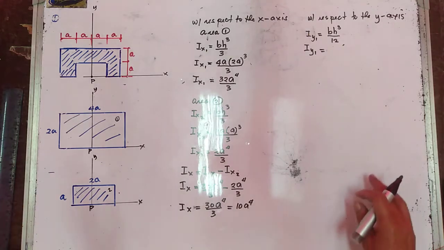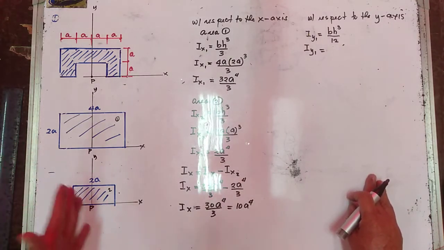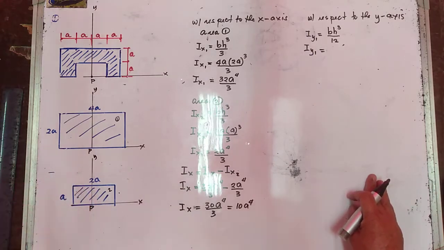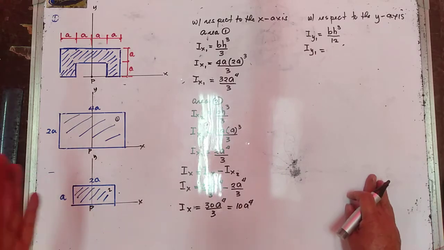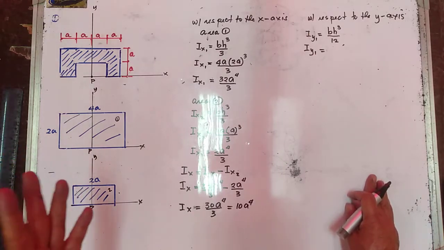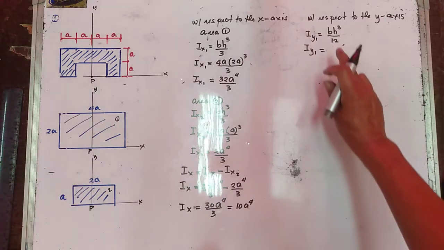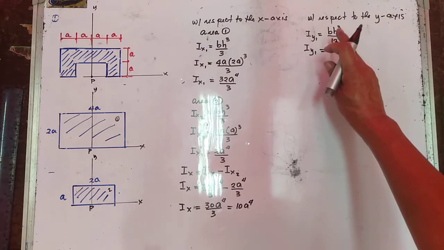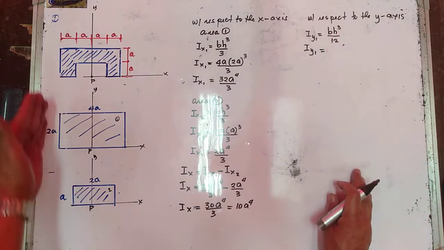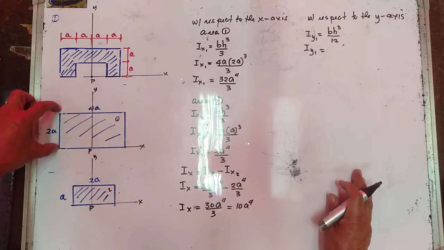Take note that with respect to the x-axis, if you have a rectangular or triangular area, the base is the side parallel to the axis where you take the moment of inertia. For Iy with respect to the y-axis, your B in here is the side parallel to the y-axis, and that is equal to 2A.